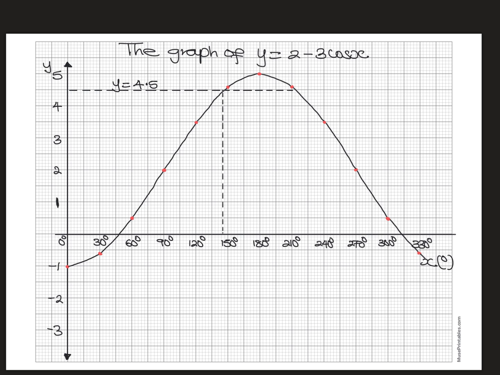So if you look at it, this line here touches the horizontal line at a point about 8.5 boxes from 120. So the first thing is we will multiply that 8.5 by 3. So that is 25.5.